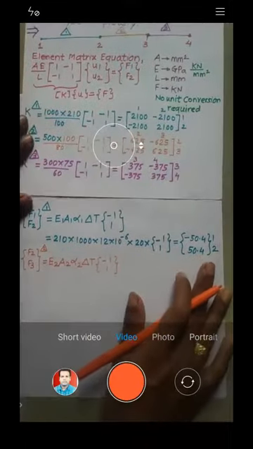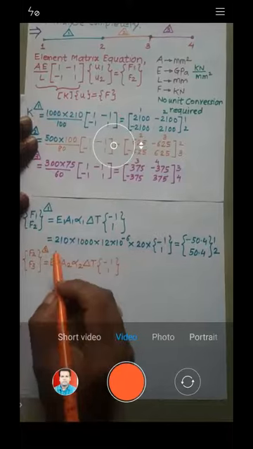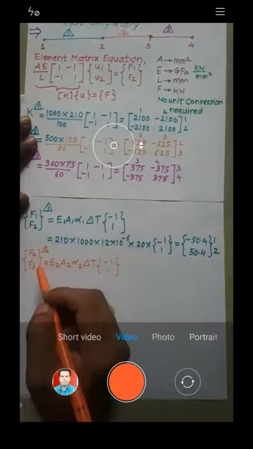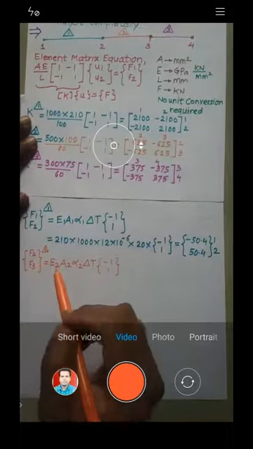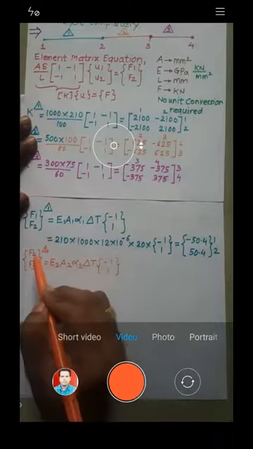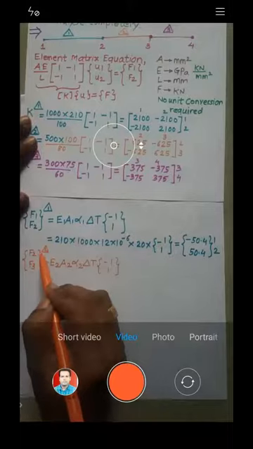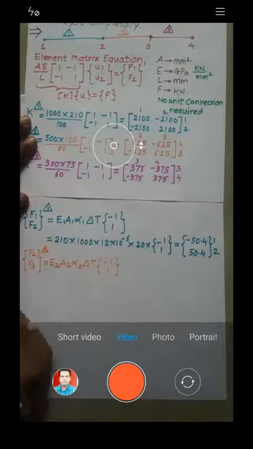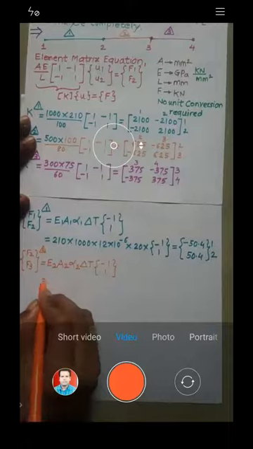Now let's do it for element number 2. The forces induced due to the 20 degrees Celsius rise in temperature at node 2 and node 3 of element number 2 are given by this. Let's put the values.